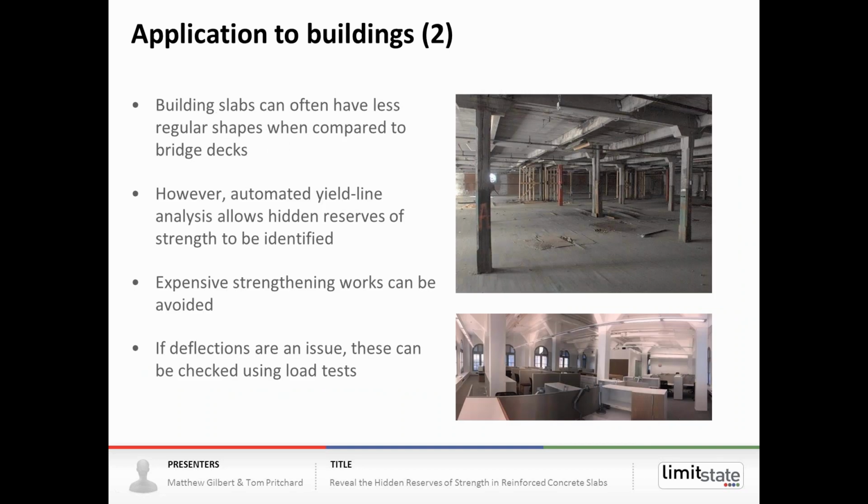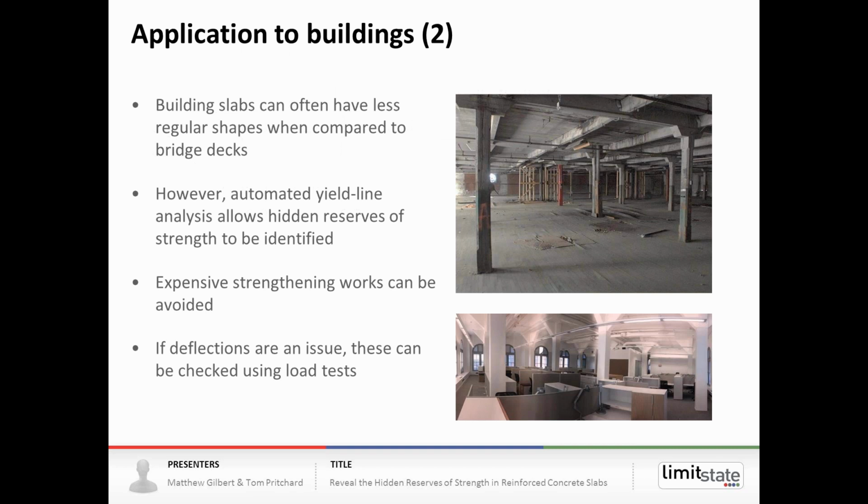In terms of existing buildings, often you'll find that an existing building slab has irregular geometries, certainly likely to be less regular than a bridge deck. So we can apply the automated yield line method to such scenarios, considering the end use of an existing building.